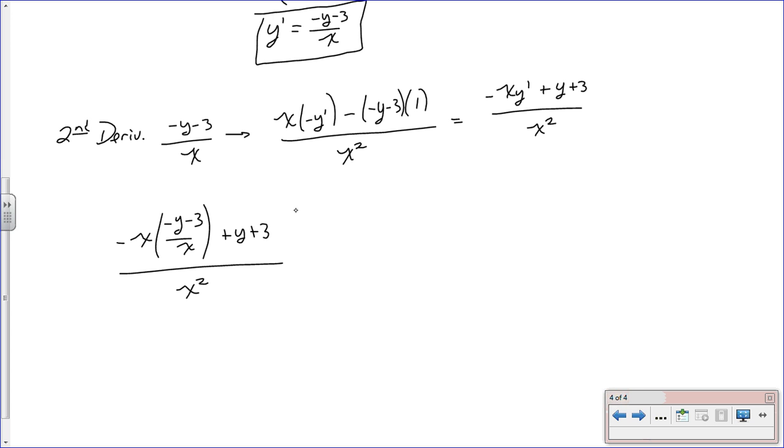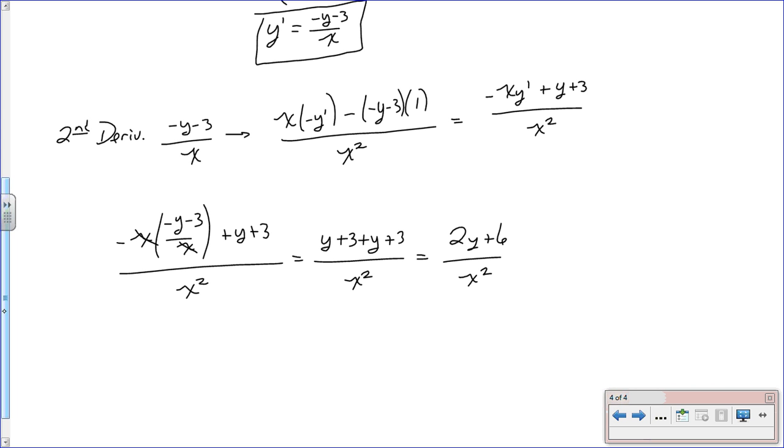Since this x and this x cancel out, you're left with negative times this, so it's going to be y plus 3 plus y plus 3 over x squared. So that's 2y plus 6 over x squared.